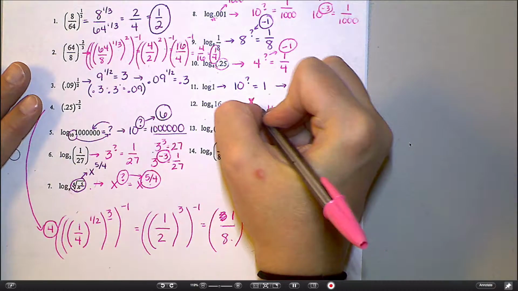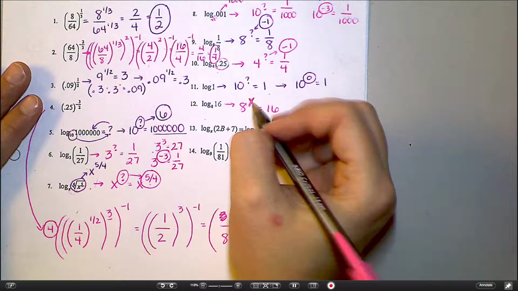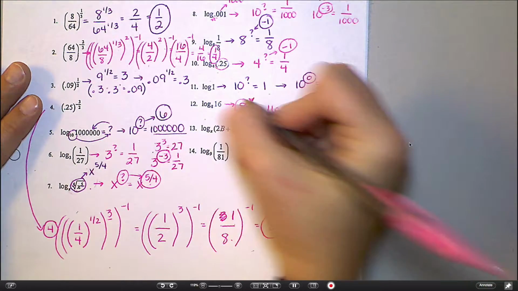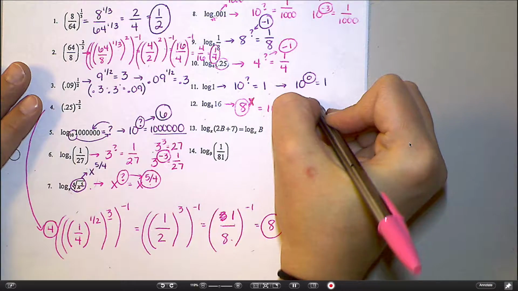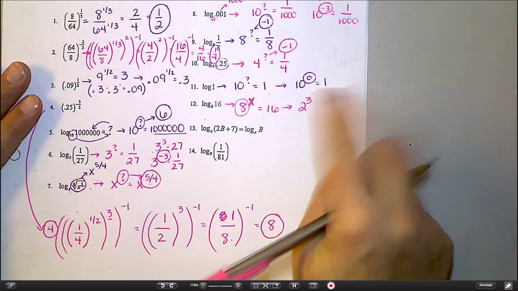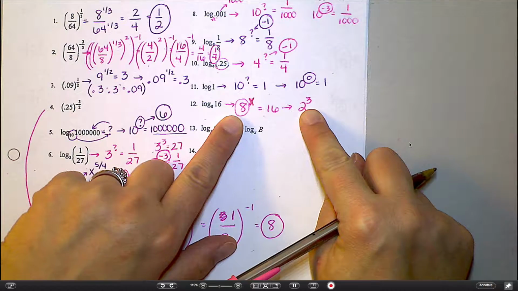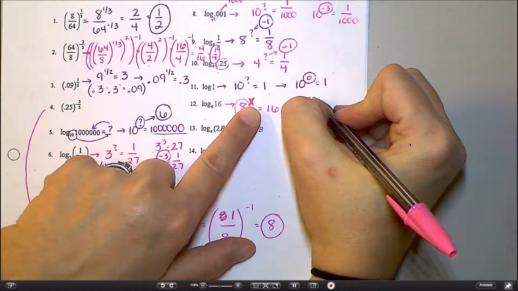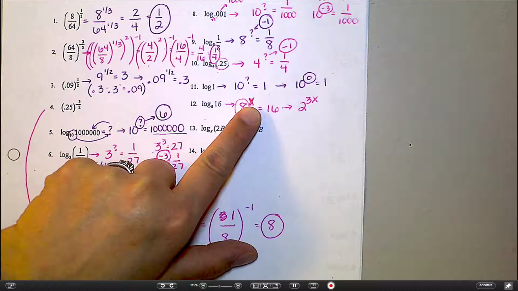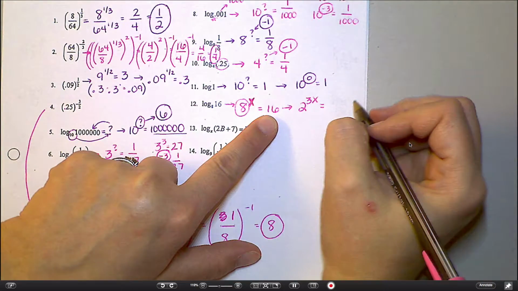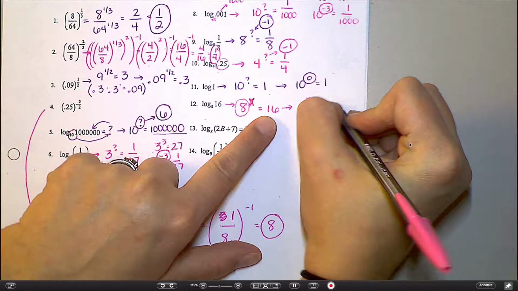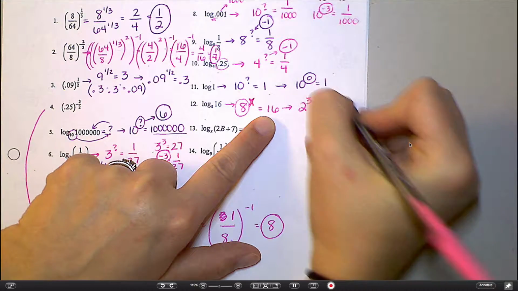So 8 to the power of x gives me 16. Well, I can take 8 and write it as a power of 2. So I can make this 2 to the power of 3. So 2 to the power of 3 is my 8. And then I've got an x, so I'm going to tack an x onto my 3. And then 16, I can also write as a power of 2. 16 is equal to 2 to the 4th power.